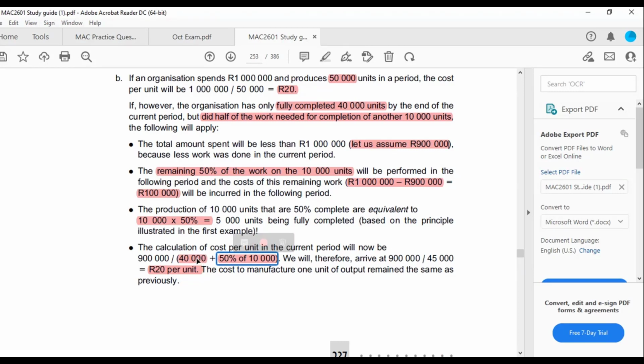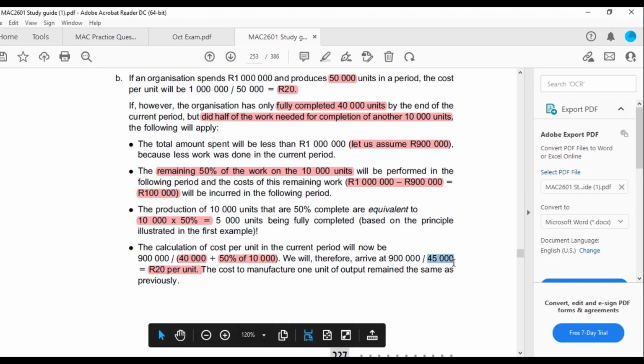You will take the 40,000 and the 5,000, making it 45,000 units completed and partially completed. And then my cost per unit would be the 900,000 divided by the 45,000, which comes to 20 Rand per unit.